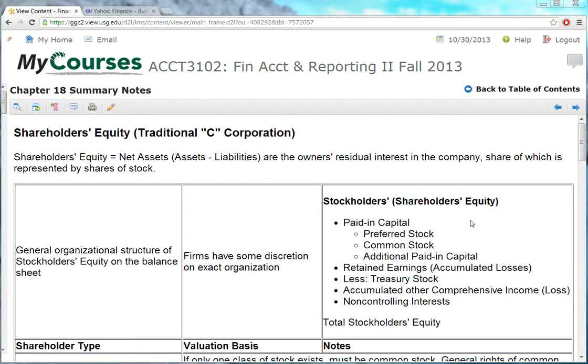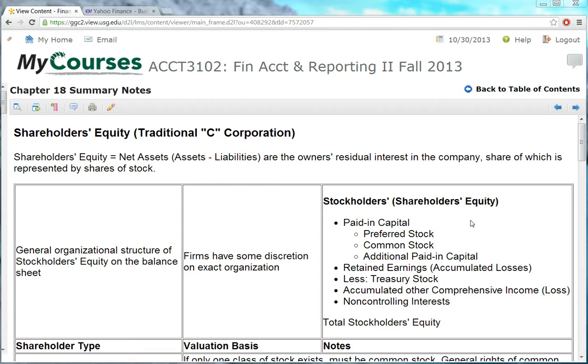Then we have the AOCI group of accounts, which can come about because of certain gains and losses that the FASB has determined have an impact on shareholders' equity, but should not run through the current year's income statement.